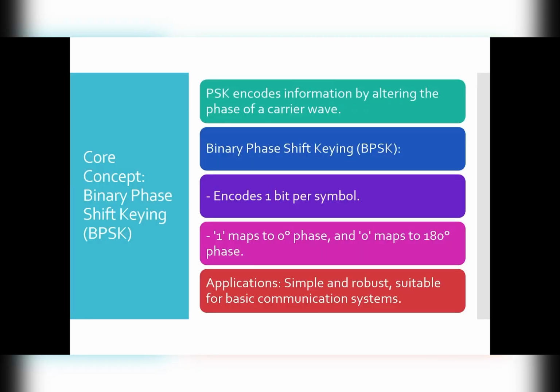Phase shift keying is a method of digital modulation that encodes information by altering the phase of a carrier wave. Simply put, PSK maps digital bits 0 and 1 to changes in the phase of a signal. Let's start with the simplest form, binary phase shift keying, or BPSK.